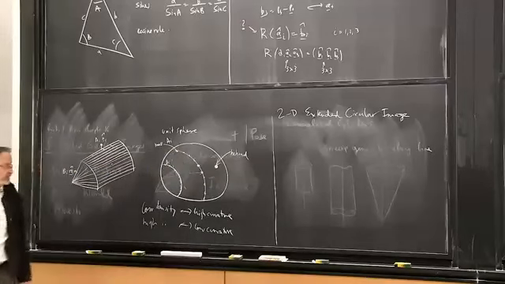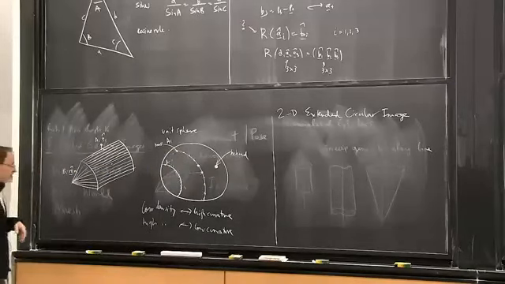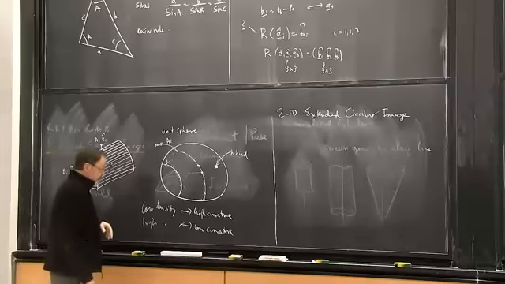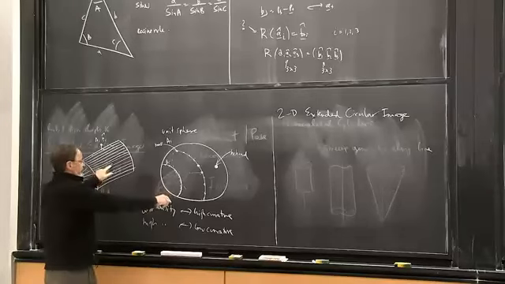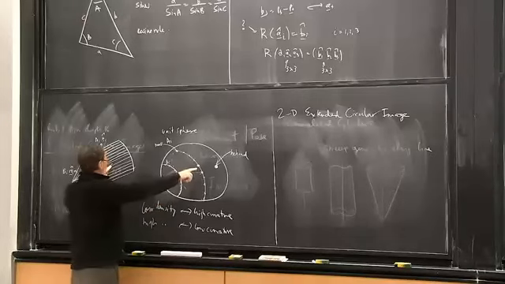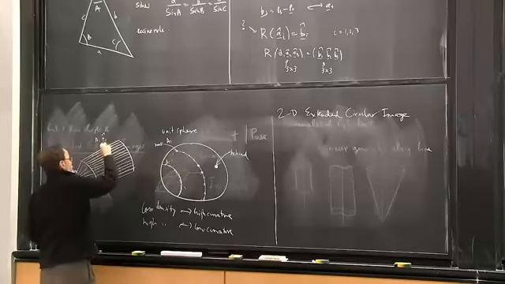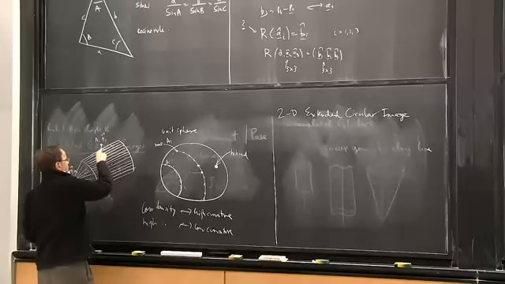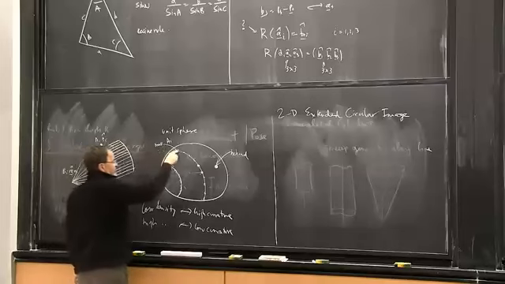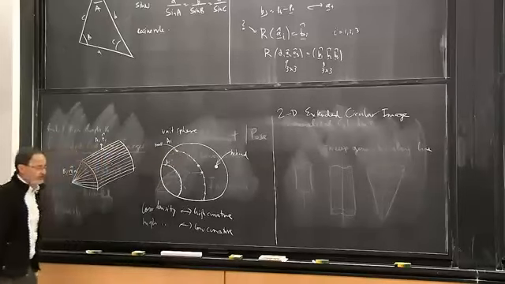What's the Gaussian image? Well, the important thing to keep in mind is the relationship between points on the object and points on the sphere. What do they have in common? It's the surface normal. So if I want to find the part of the sphere that corresponds to this particular patch of the surface, I just find the point on the sphere that has the same surface normal.